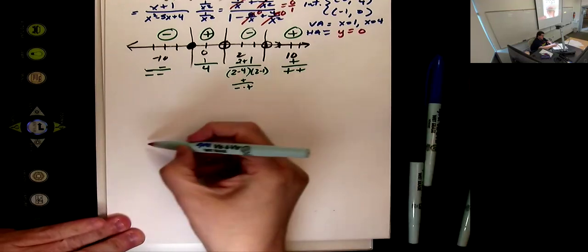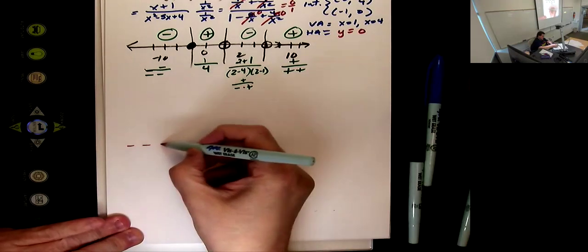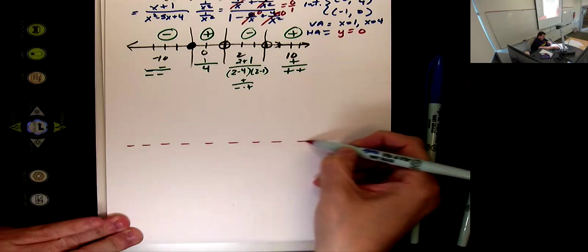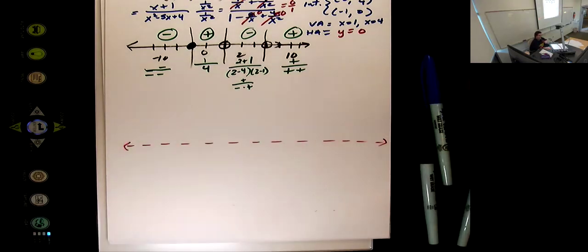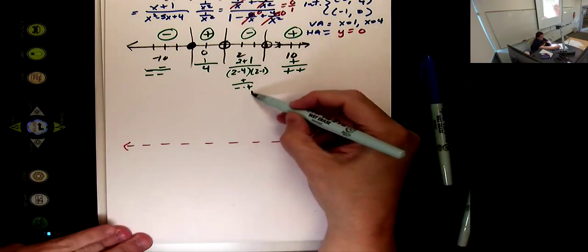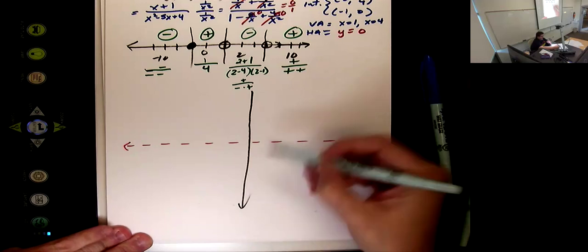So now my y equals 0, or my x-axis, is a horizontal asymptote. I'm just gonna do it as an asymptote in the first place and not have the solid line here. Then my y-axis is there.